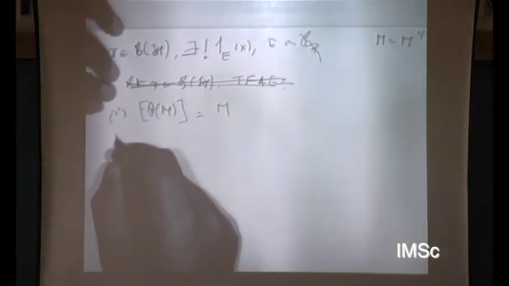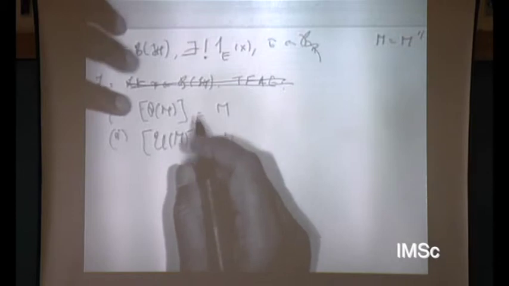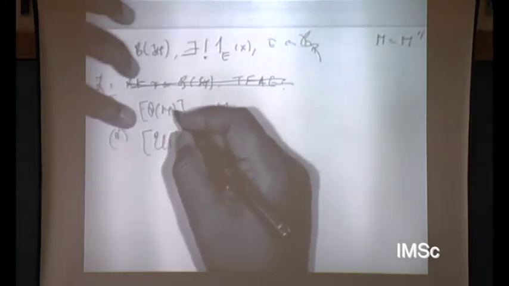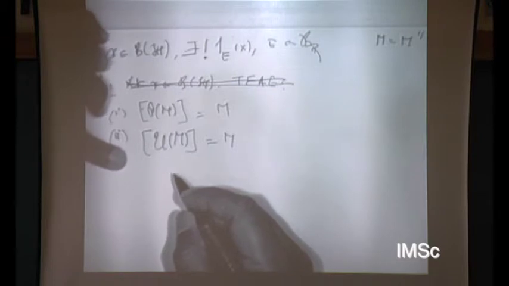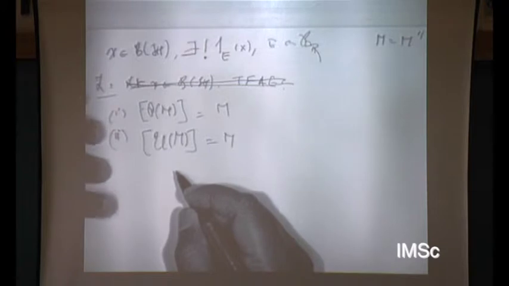Right? And also, this is the class of projections in M, this is the class of unitaries in M. Although U in M, so then U star U equals U U star equals 1.